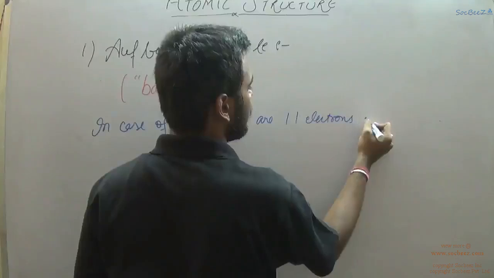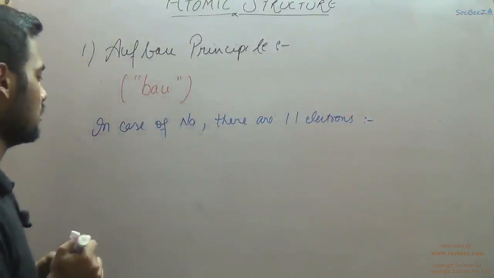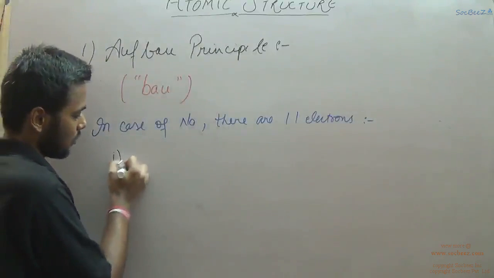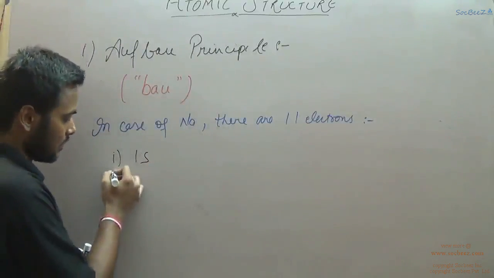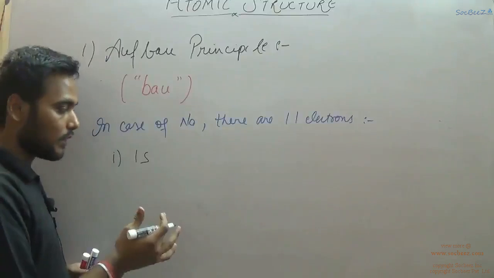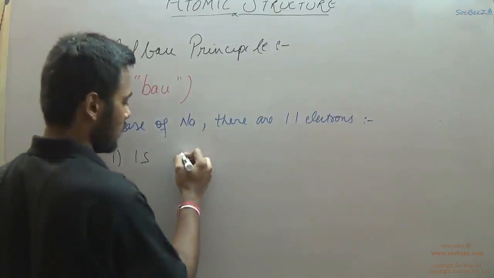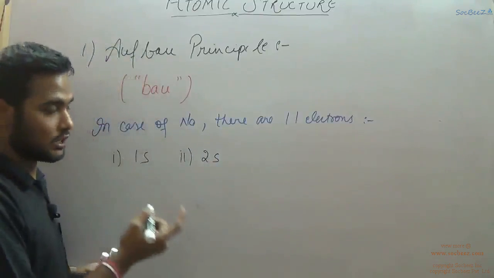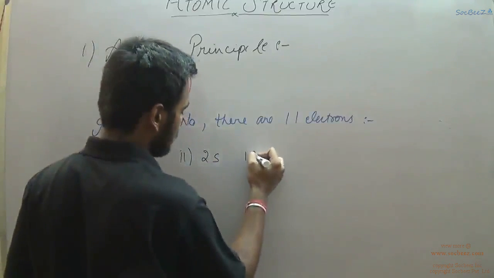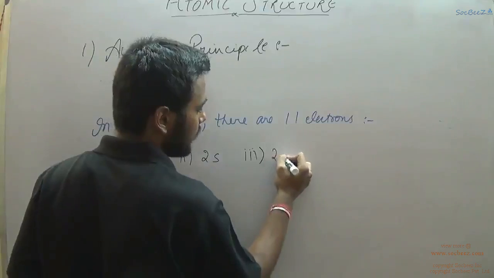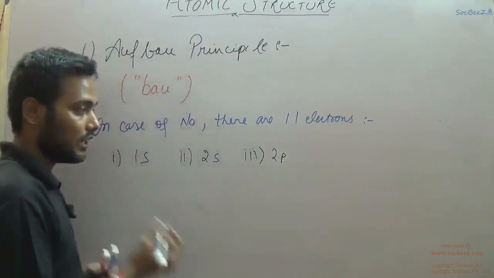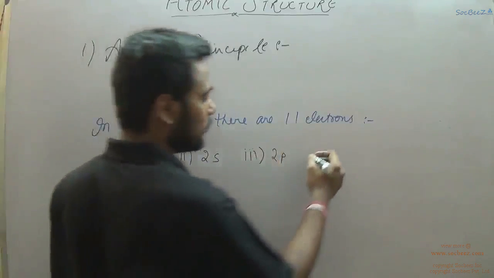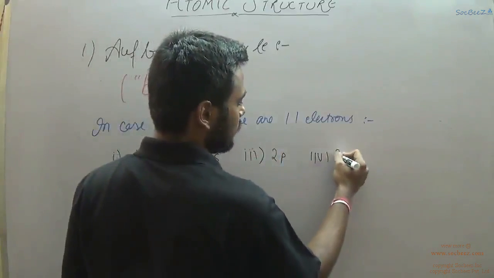So filling is done such that first the 1s orbital is filled, then since there is no 1p orbital, we move on to 2s. Then 2s orbital is filled, then 2p is filled, and then since there is no 2d, we move on to 3s.